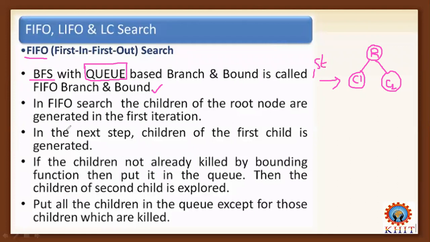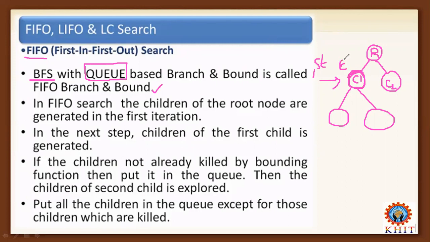Okay. In the next step, that means the second iteration, the children of the first child are generated. So again the children of the first child C1 are to be generated here. In this case, this node is to be considered as the E node.